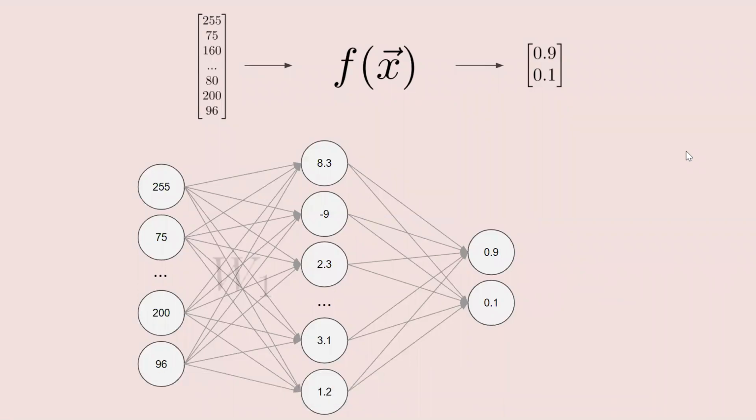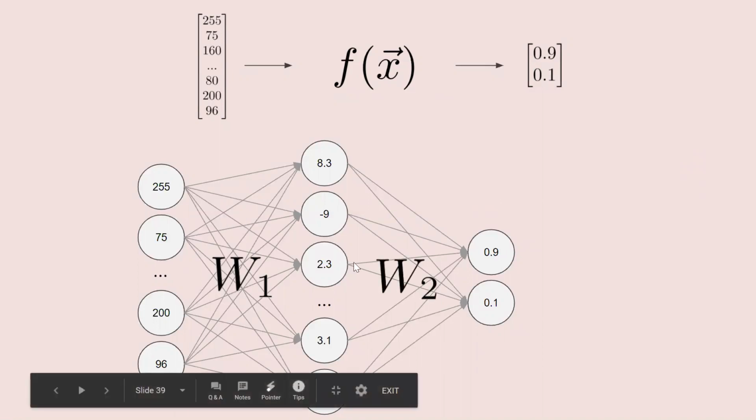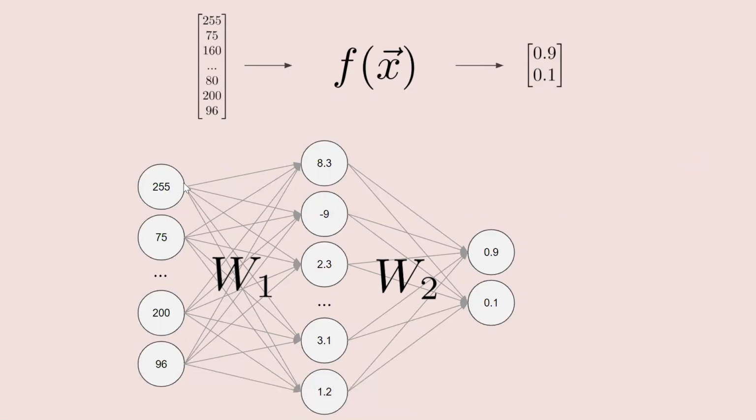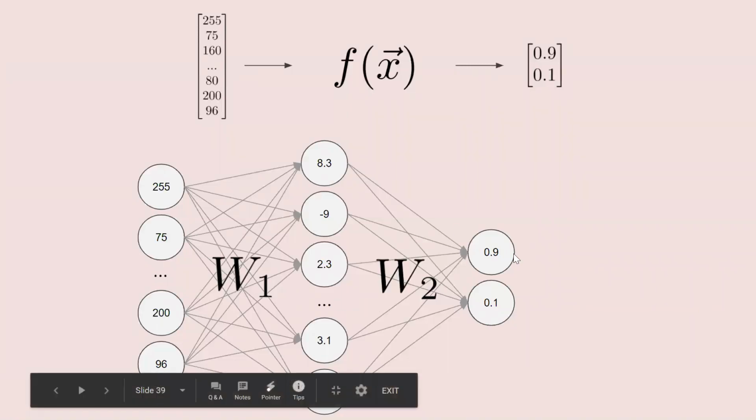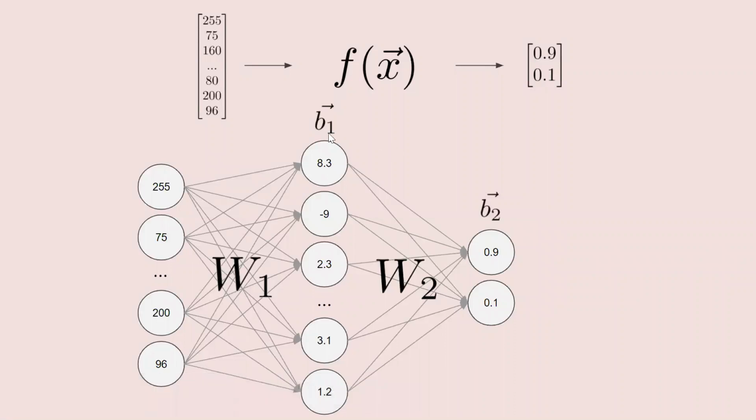For example, how that would affect our diagram here is that we would have two different matrices of weights, right? Because in each matrix, we already have a collection of vectors. So we have these two different matrices, one for each layer. And we also have biases, and of course these biases are going to be different for each layer.